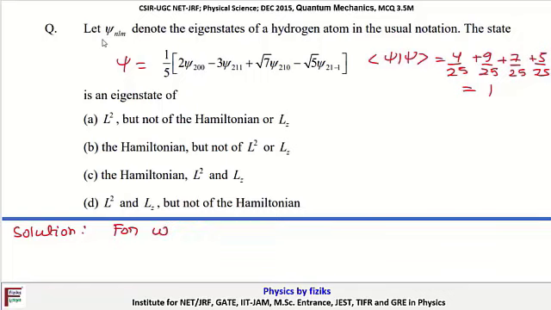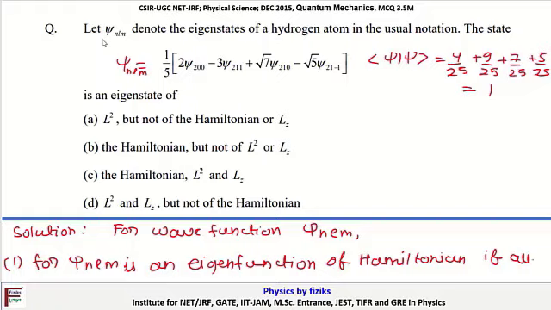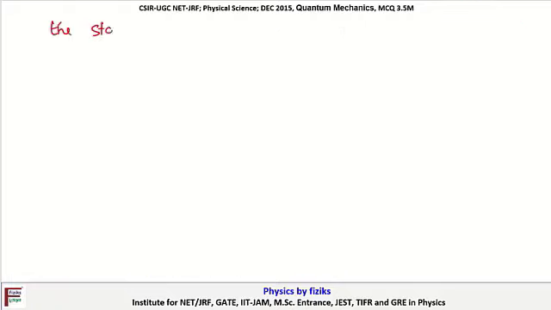For wave function psi nlm, first, psi nlm is an eigenfunction of the Hamiltonian if all the states in the psi nlm have the same value of n.